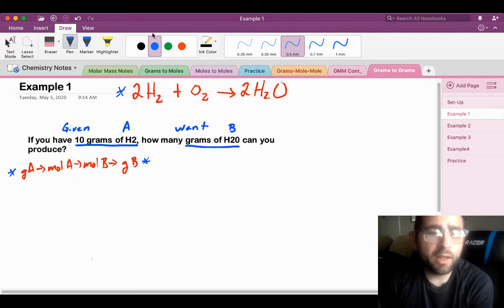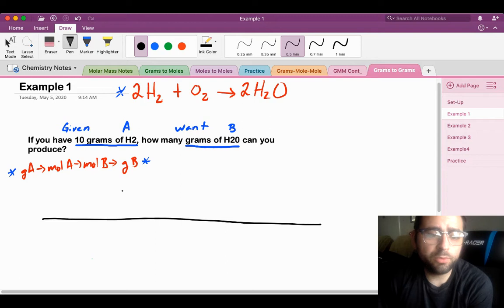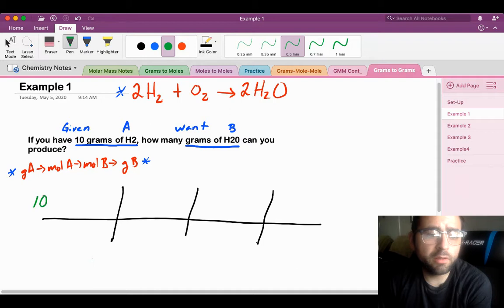So with that, I can go ahead and set it up. I'm going to do my long table. I'm going to need 4 boxes. 1, 2, 3, 4. I'm going to start filling it in with what I'm given. So I have 10 grams of H2. So that's given. And then the next step is to go to moles of A. So this one is moles.